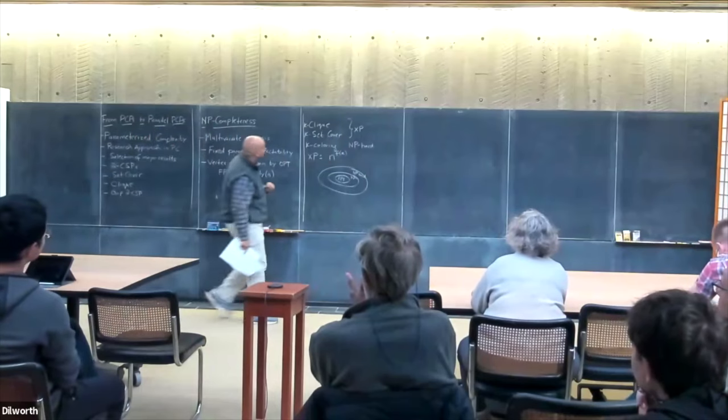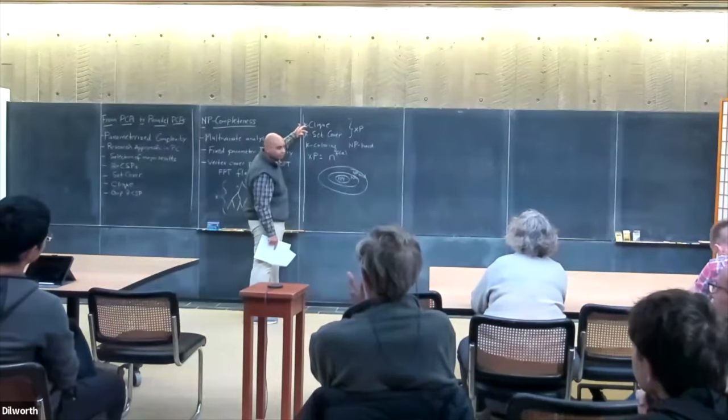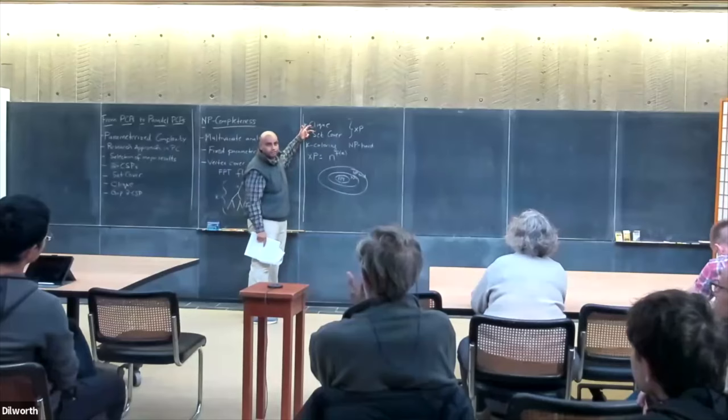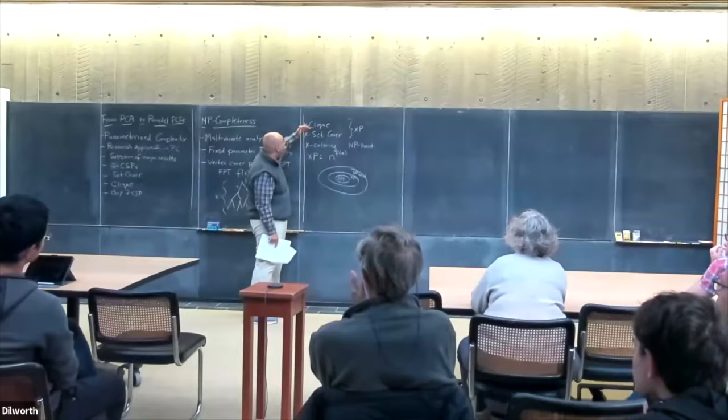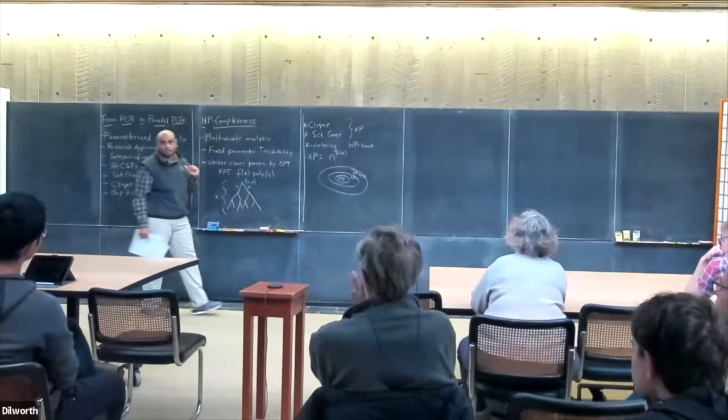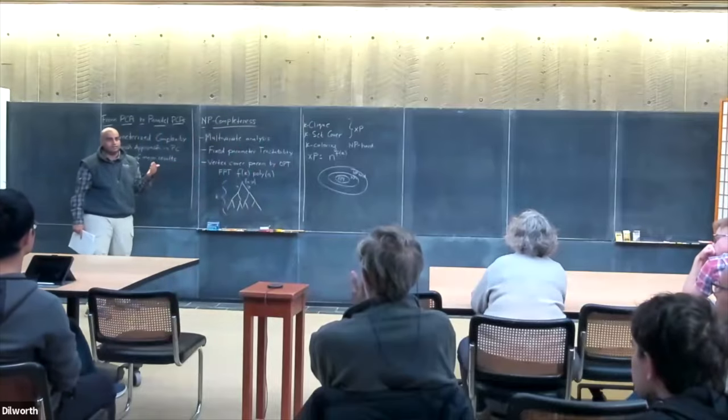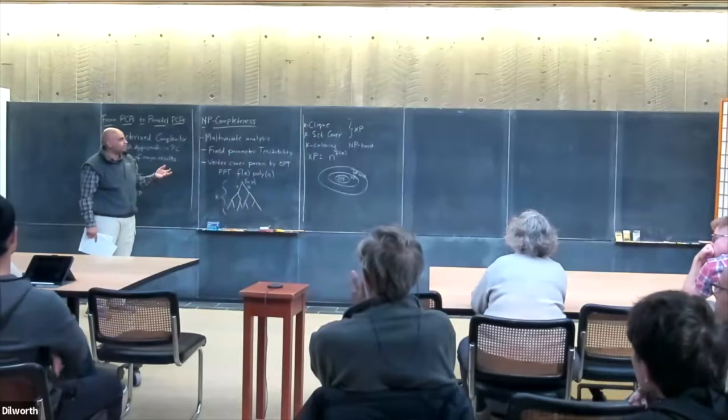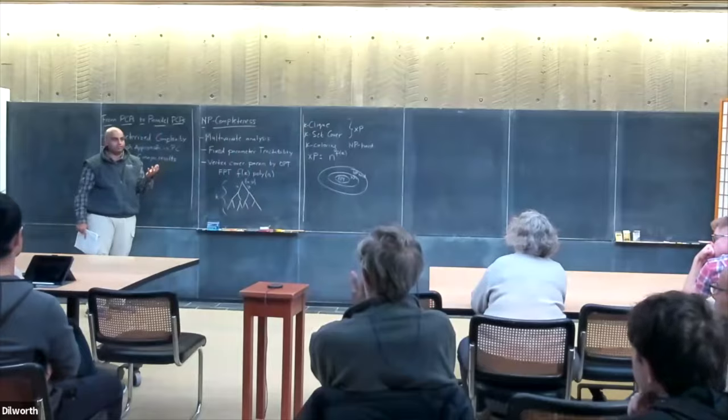Now, these two are not really the same thing, and let me try to give some intuition, and this can be formalized. If I give a solution to k clique, it's going to be k vertices, and then all you have to do is check if the k choose 2 edges exist in the graph. So that's like checking k choose 2 things.